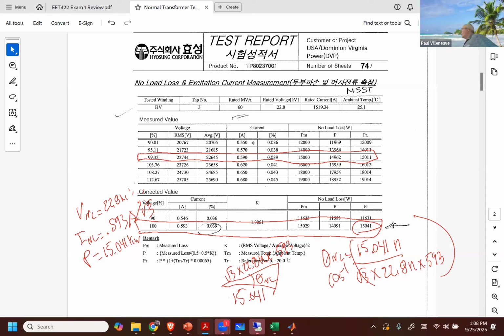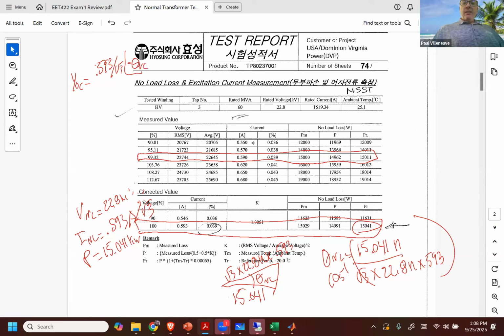So I need to take the inverse cosine of that to get theta no load. Once I have theta no load, I can solve for Y open circuit or Y no load as going to be equal to 0.593 divided by the square root of 3 at an angle of negative theta no load.